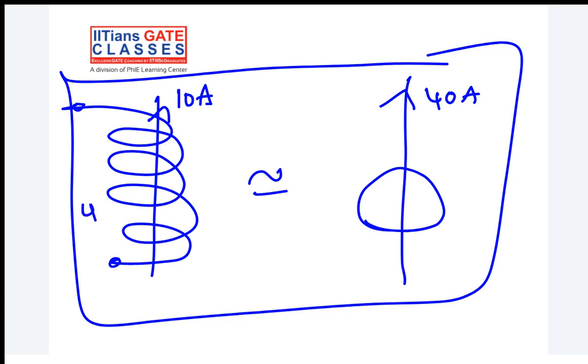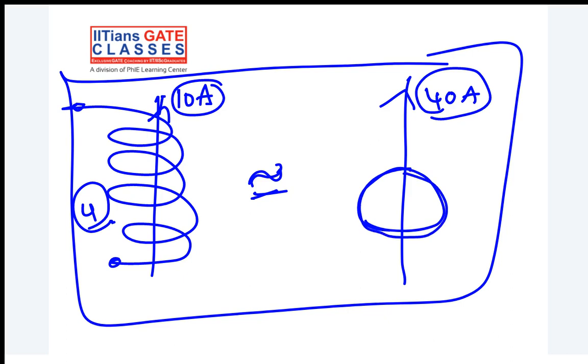Is it correct or not, whatever the diagram I have shown? What I mean to say is, if you enclose the wire of 10 ampere current with 4 windings, it is equivalent to 40 amperes of current enclosed by one loop itself.